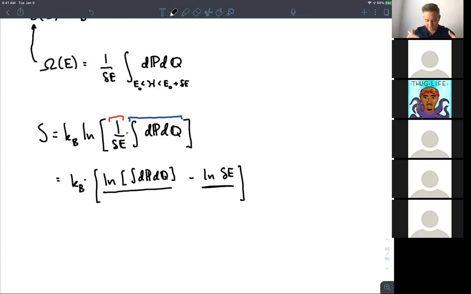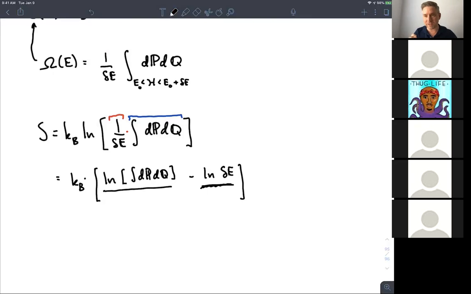And then once we have the entropy, the way that we extract information from the entropy is by taking the appropriate derivatives. All right, and so again, what this delta E, log delta E is doing is essentially just setting where the absolute zero of our entropy is. In other words, we don't care.